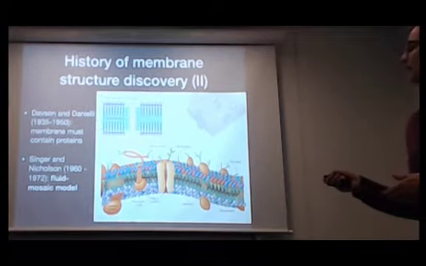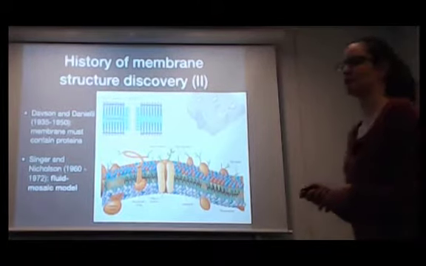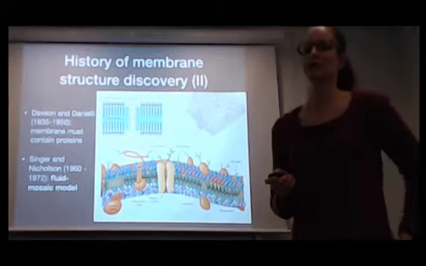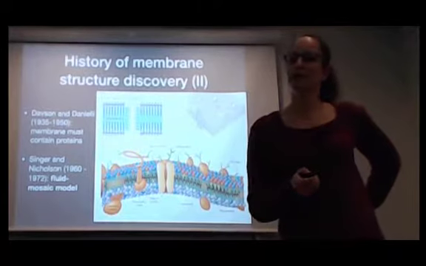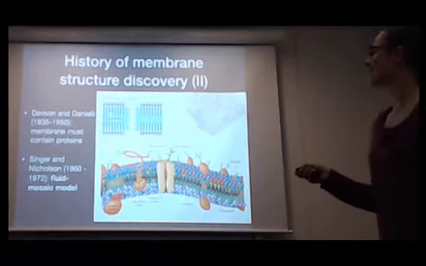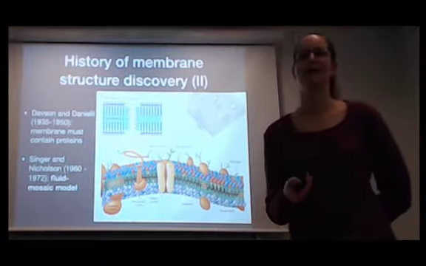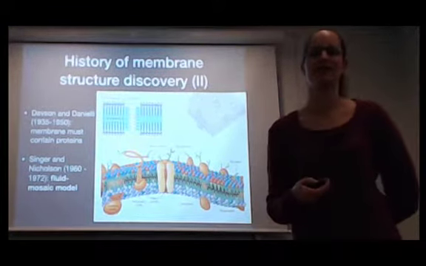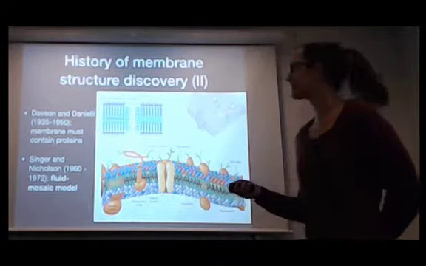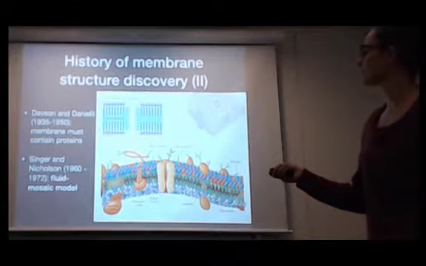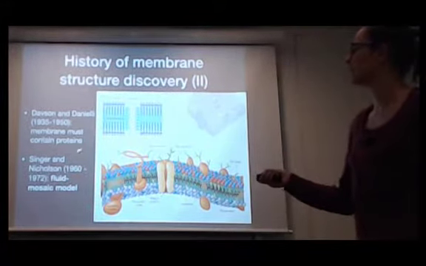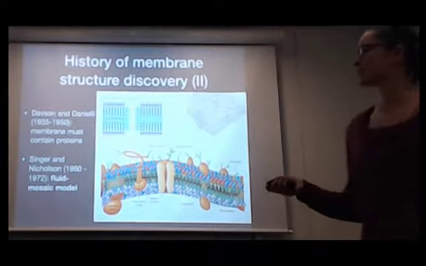And like Eric said in the first lecture, if something is doing something in biology, it's a good idea to assume it's a protein. So I guess that was the rationale. Proteins must be making up something in the bilayer and changing the surface tension to make it that of a plasma membrane. And that was the model in favor in the early part of the 20th century.